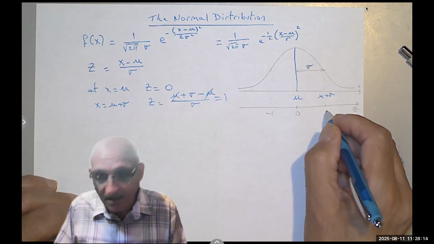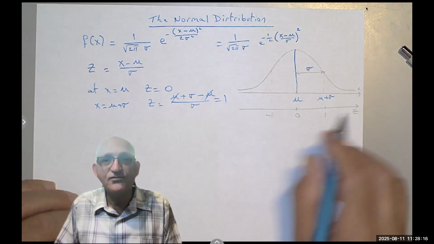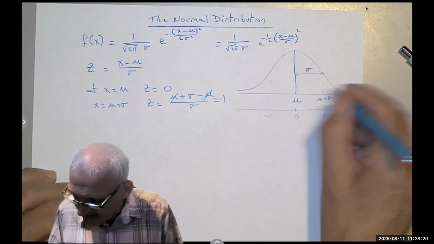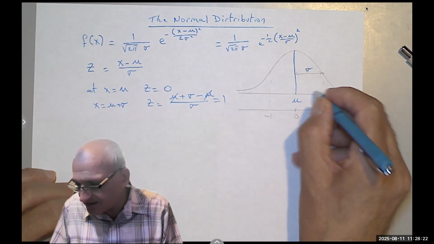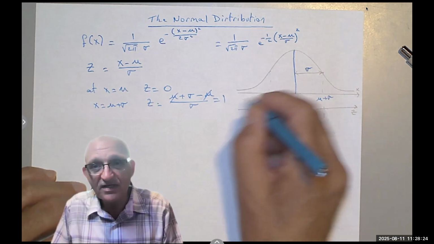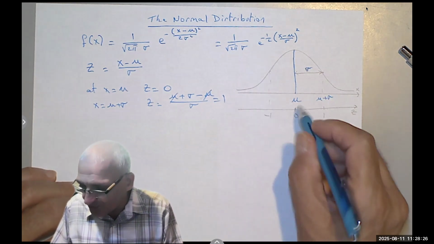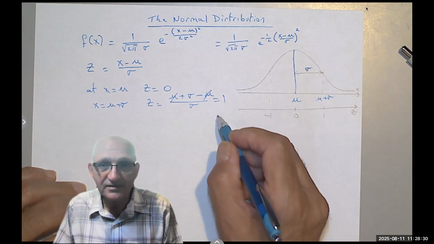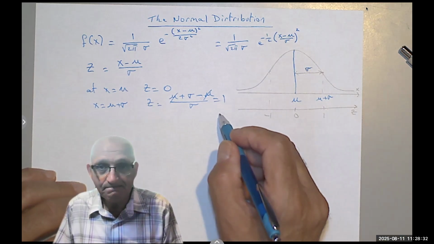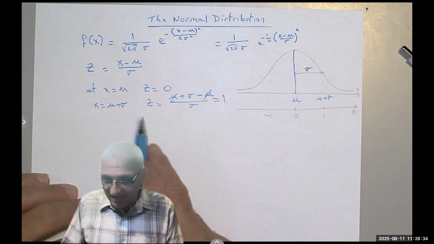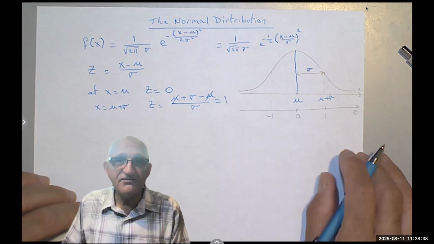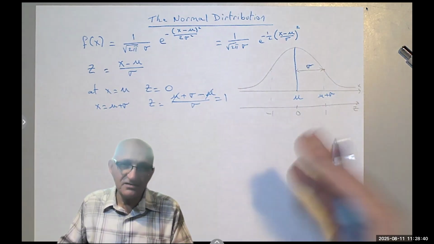Yes. -1, and so on and so forth. So think of it like that. If on the x-axis we are moving 1 unit to the right or to the left, here we move 1 sigma to the right or to the left.